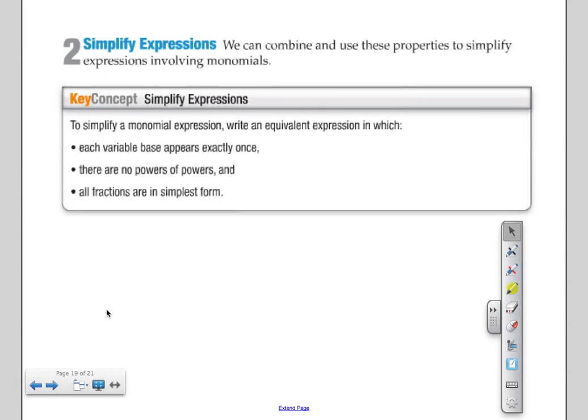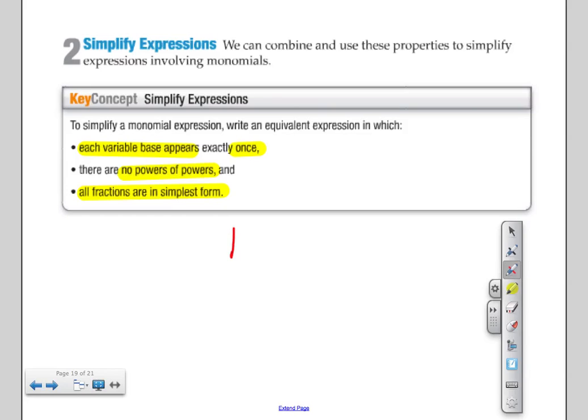Remember, in simplifying expressions, we combine everything that we can combine and use these properties. To simplify an expression, each variable base appears exactly once, there are no powers of powers, and all fractions are in simplest form.